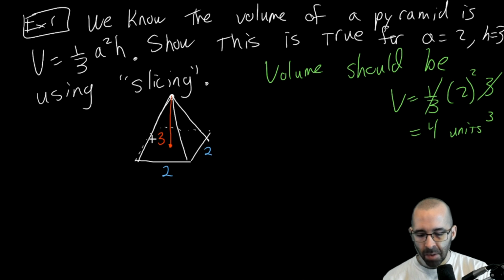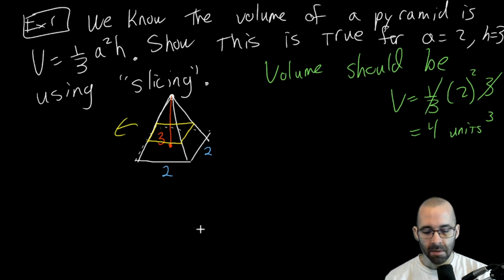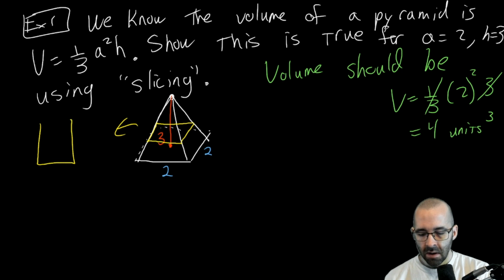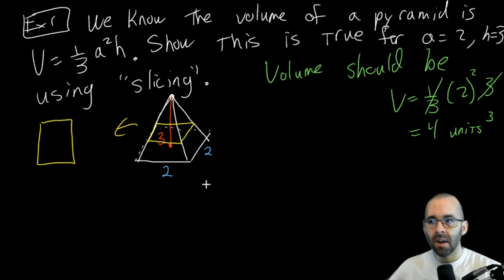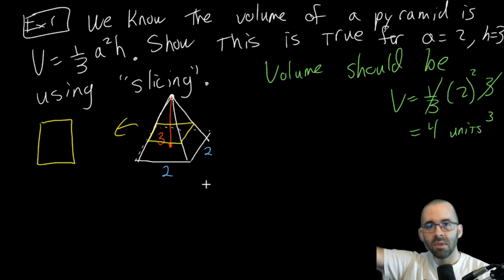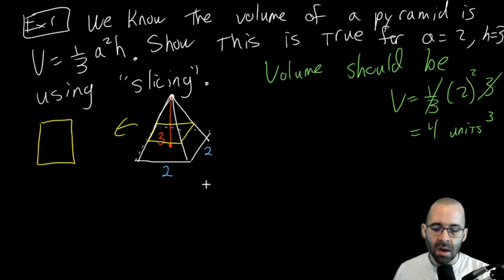So for all of these problems, we're going to look at little cross sections. So imagine we're cutting out a little piece of this pyramid. This piece is a square, right? If we do a horizontal cut at any level in a pyramid, we have a square.